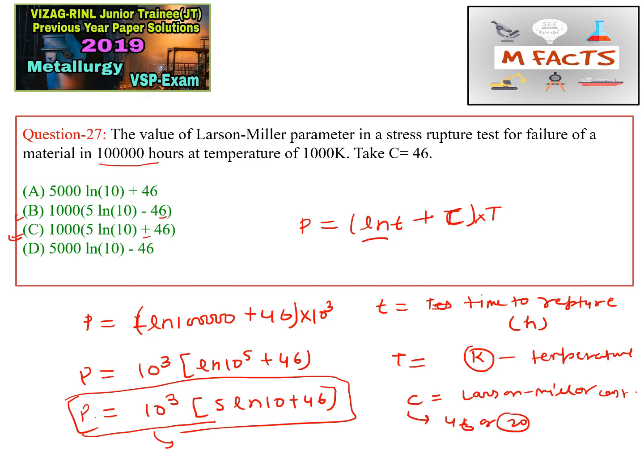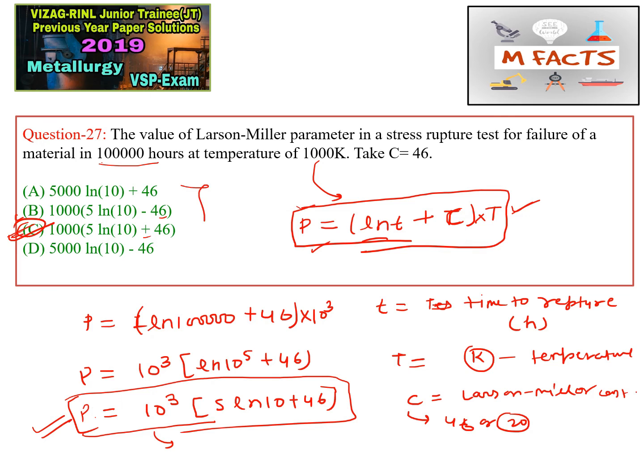So C is the correct answer for this question. This is actually the Larson-Miller parameter formula. If we put the given values in this equation, we get an equation like this, and we can match our answer easily with the given options. So option C is correct.